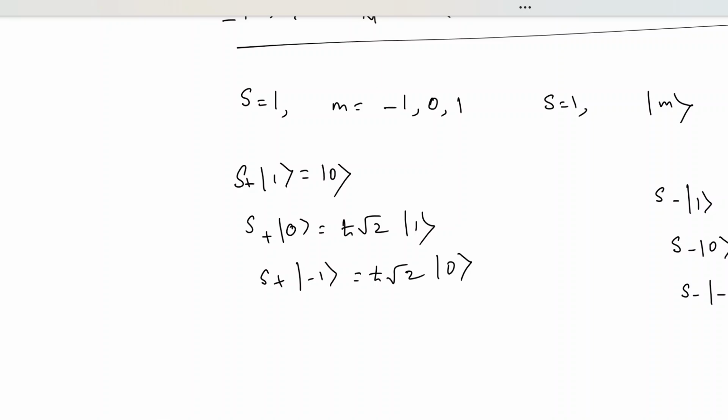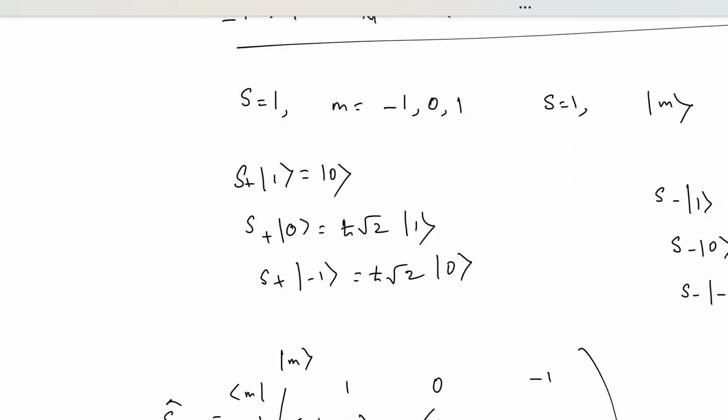Now you can write down what the s plus operator is in this m basis, right? So then you have m and m here. So this is minus 1, 0, plus 1, and this is plus 1, 0, minus 1 as well. The terms will be like: for m equal to 1, it is plus 1.